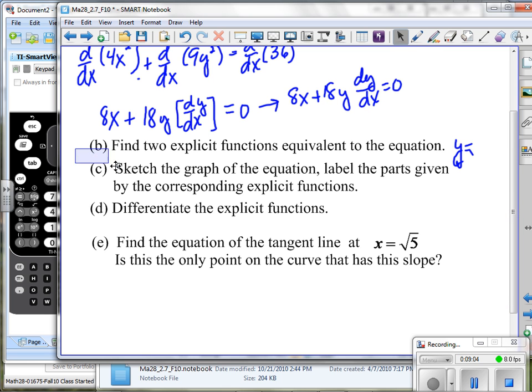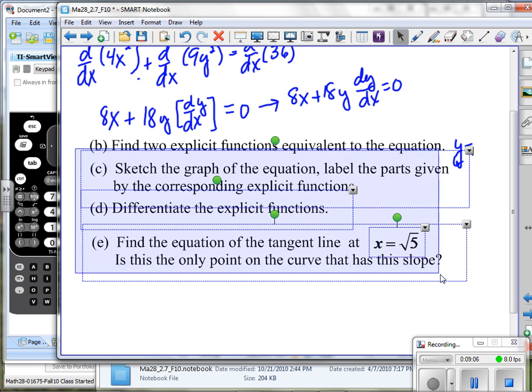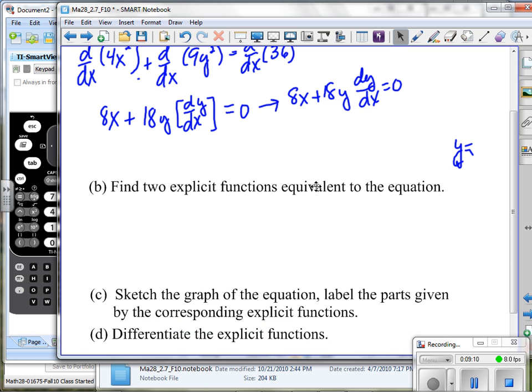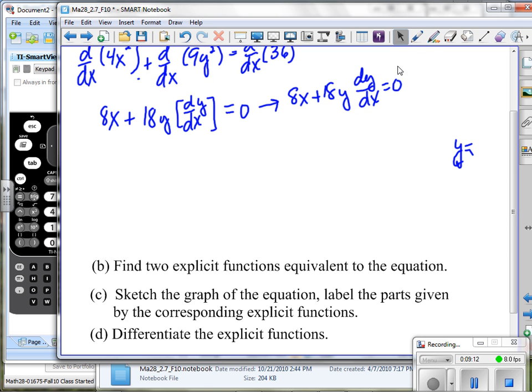Okay, I need more room yet. Let's see if I can get all this stuff down here. So I now have 18y dy/dx equals negative 8x. Now what can I do?